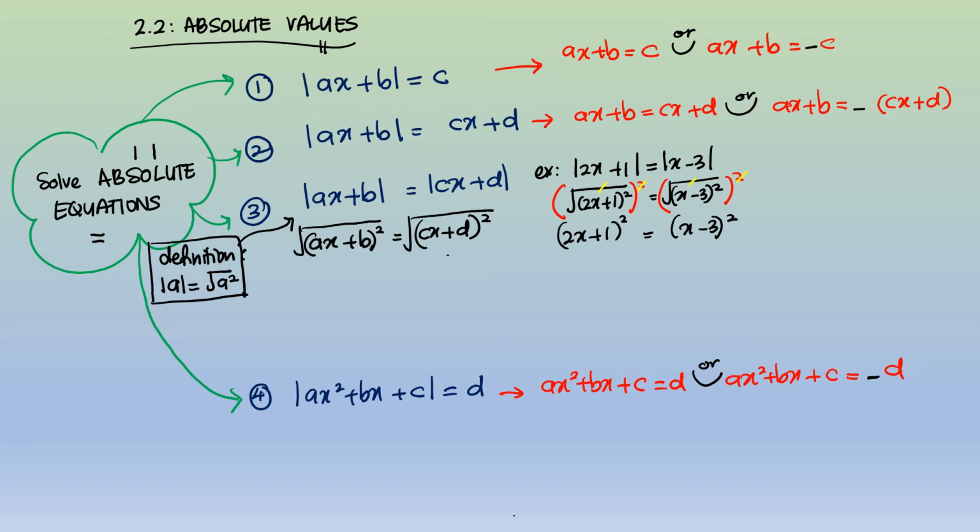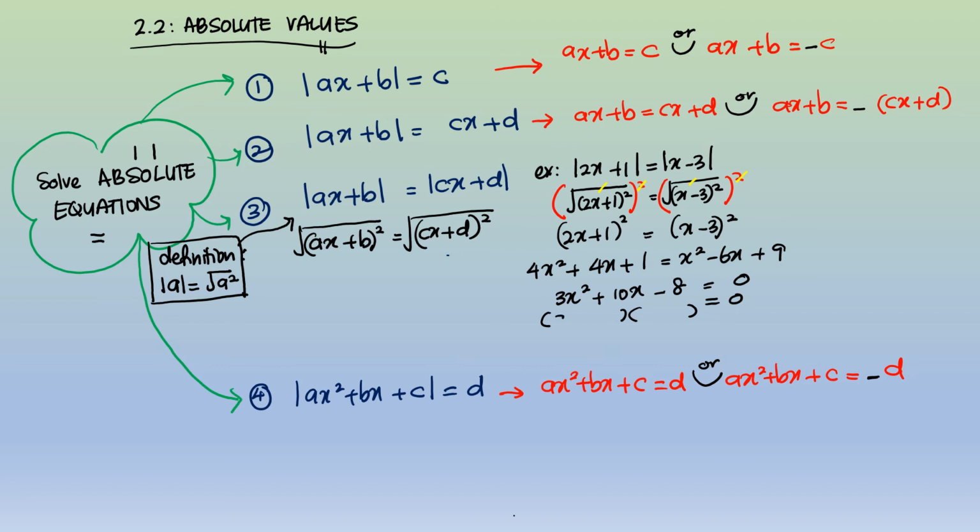Alright, so what is your job? It's actually to expand this one. You will have 4x squared plus 4x plus 1 equal to x squared minus 6x plus 9. Let's rearrange everything to the left hand side, so you end up getting 3x squared plus 10x minus 8 equal to 0. Can we factor?